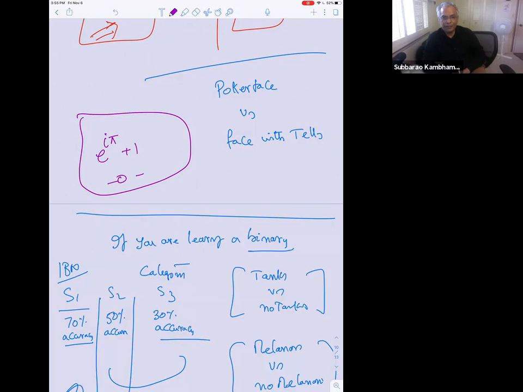Because e to the i pi is -1, and -1 plus 1 is 0. Do you understand what I'm saying? So you would think Rav is telling me something very useful if I write it this way. But if I say 0, he'd just say, you gave me 0, what's the big deal? So in fact, if I give you e to the i pi plus 1 as your score on the exam, you might feel much happier than getting a 0. But I was basically pulling your leg because I just wrote a syntactically complex thing, which is actually 0.